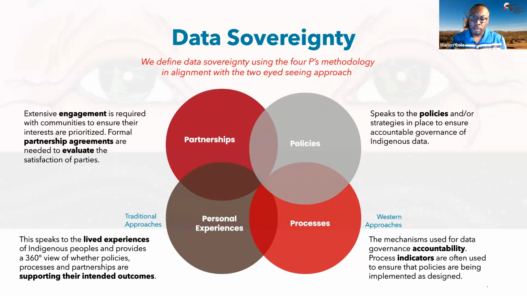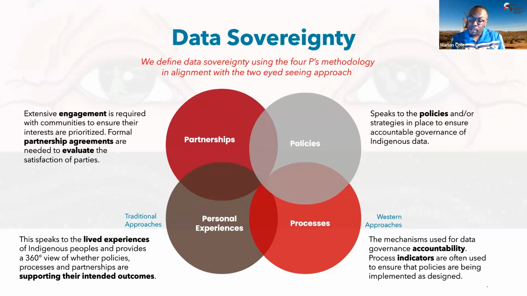Formalized partnership agreements. This can be done through how do we evaluate that one partner is satisfied by using these agreements and putting these in place? Are we bringing the right persons to the table if we're having our projects? Are we consulting with our partners? Don't wait until it's too late to consult with your Indigenous partners. Consult, engage, right?